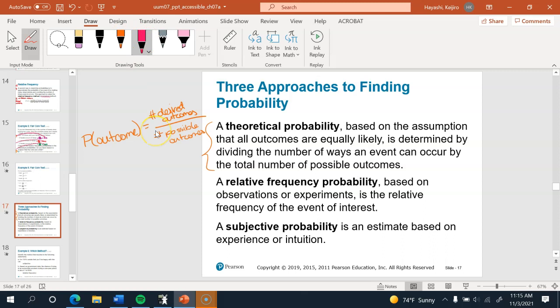A relative frequency, which we just saw, so this is theoretical. Okay, so an empirical or experimental probability, or a relative frequency probability, you can also call it that.